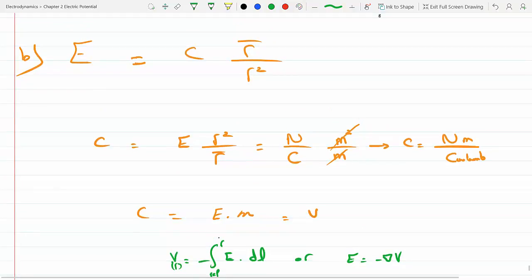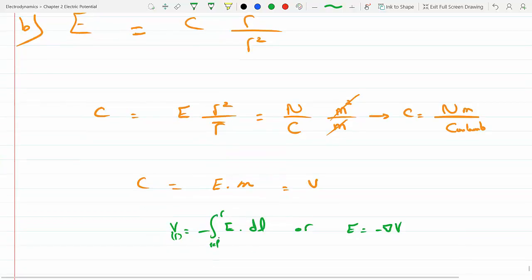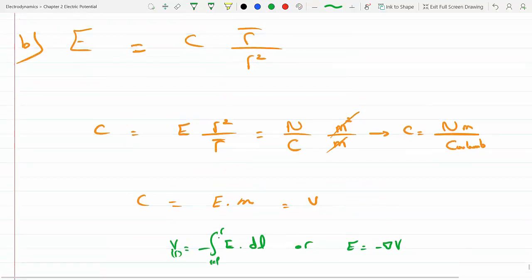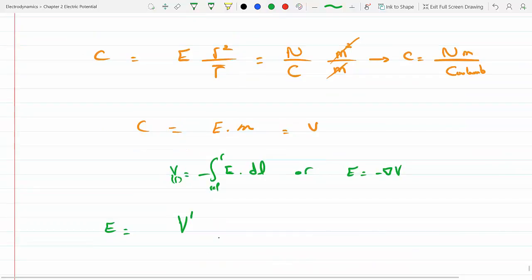So if you replace C with V, then we have E equals C, or in this case, since it's a potential, let's just call it V prime to see if it's possible, R over R squared.